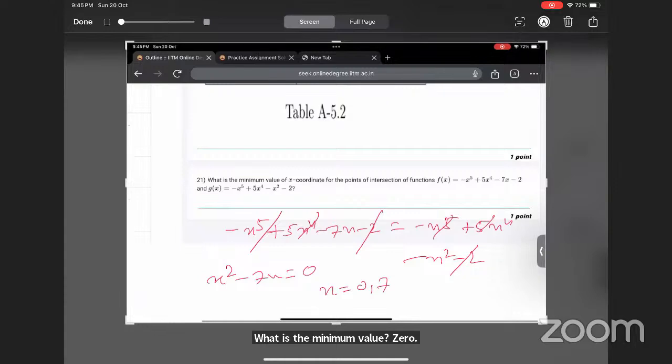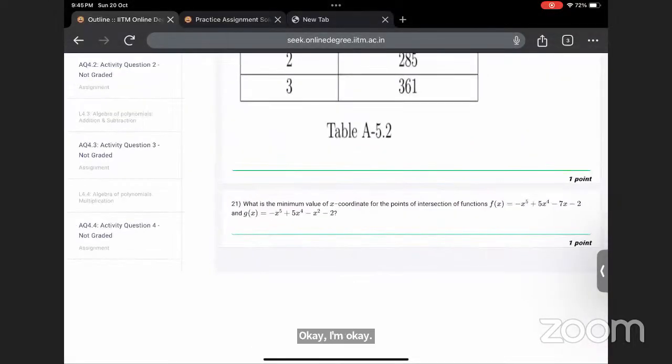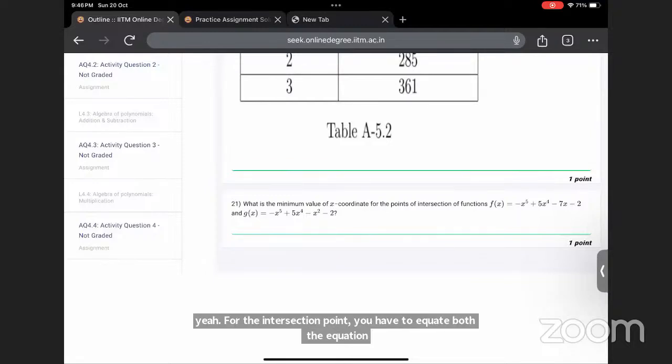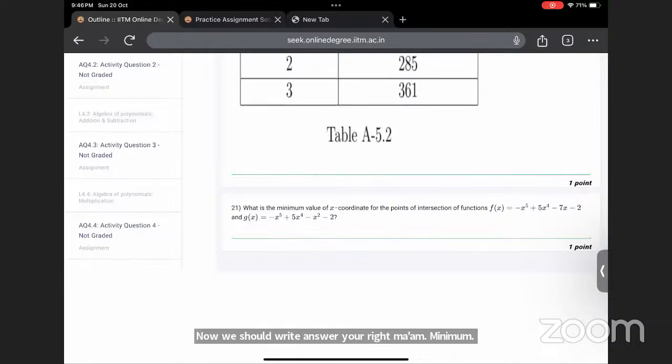Okay, ma'am, for intersection points, we equate both equations. Yeah, for the intersection point, you have to equate both the equations. So now we should write the answer 0, right, ma'am? Minimum x value 0.